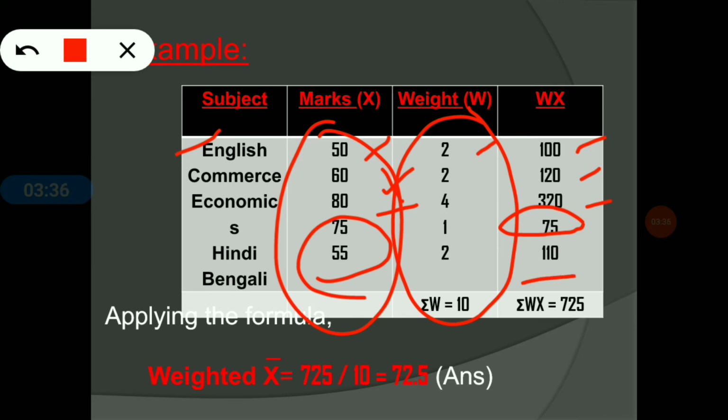So that means summation wx means sum of all wx values. So that is equals to 725, and summation w is also 10. So x bar equals summation wx by summation w. So 725 divided by 10, that means 72.5. So which is the answer of the weighted arithmetic mean for this example.